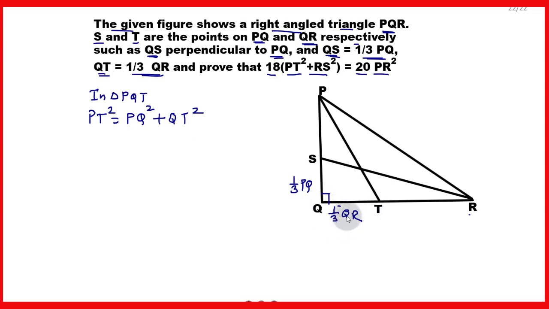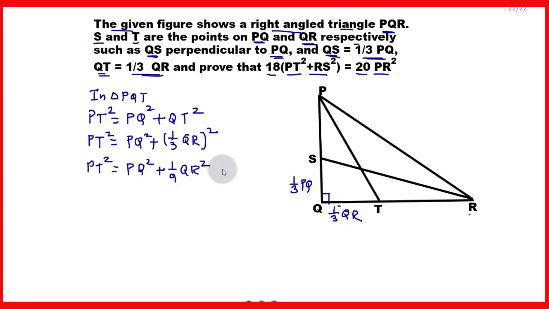It is 1/3 of QR. So PT square is equal to PQ square plus 1/3 of QR bracket square. So PT square will be equal to PQ square plus 1/9 into QR square. So let this be equation number 1.